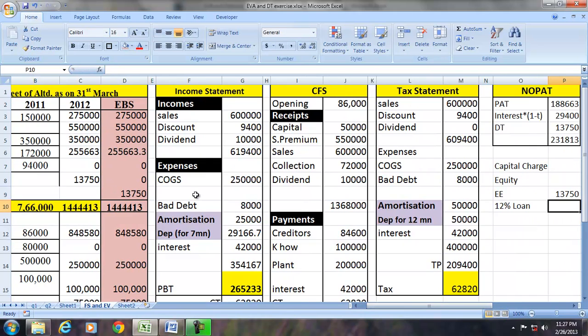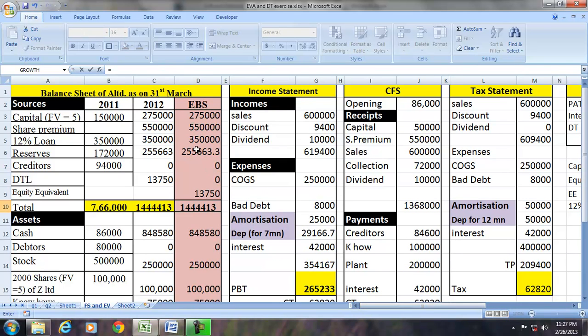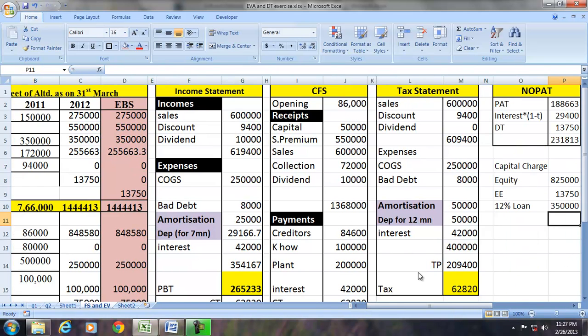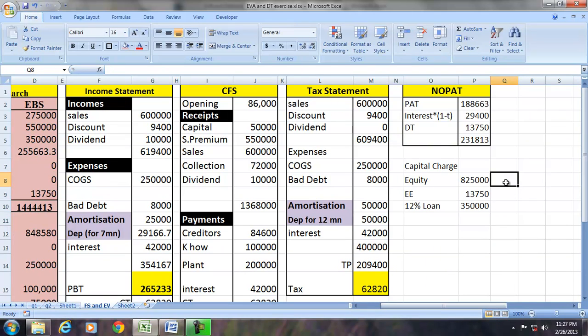So equity equivalent is 13,000, equity is 275 plus 550, the 12% loan is 350,000, and each of these will have a cost. KE is given, it is the same for equity equivalent, and the cost of debt for the 12% loan is I into 1 minus T, so 8.4%.